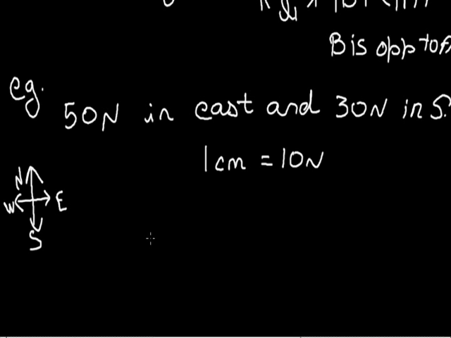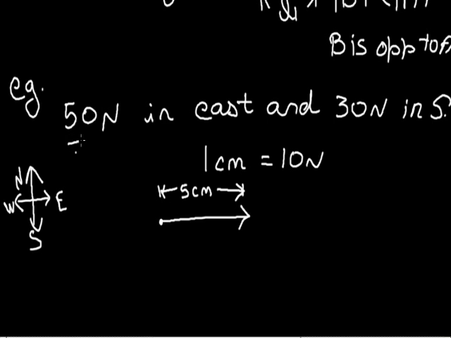Now if I have to represent 50 Newton in east direction, where is east? It is in this direction. I have to draw a 5 centimeter long line in order to represent this 50 Newton vector.